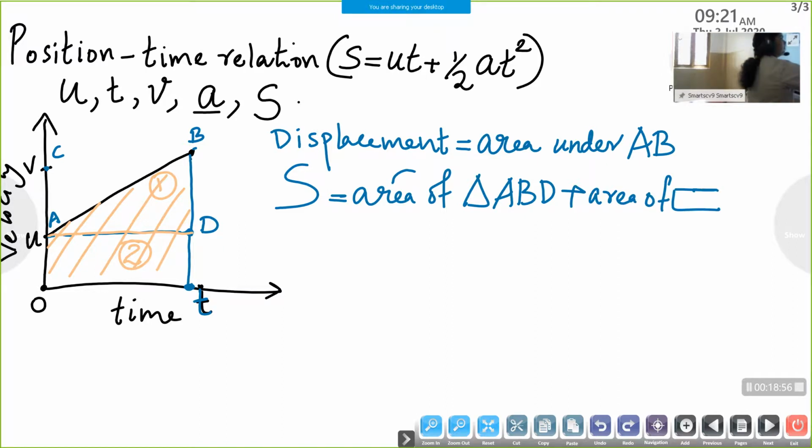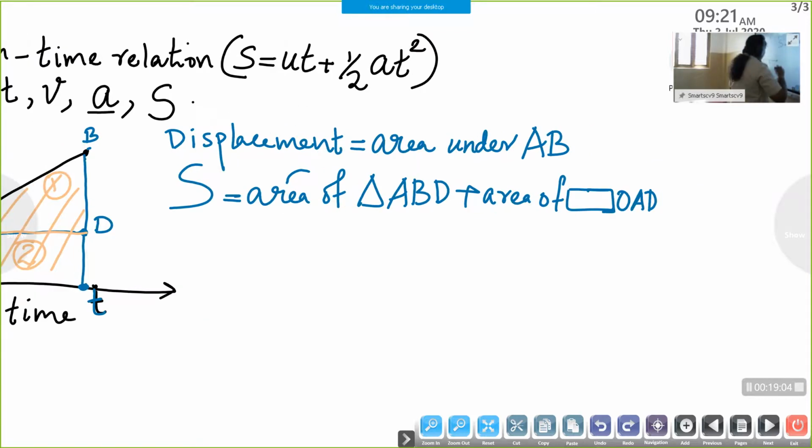I am doing like this, indicating like this. So, it is O, A, D, and this point, we have to mark this point E. So, O, A, D, E is the area.